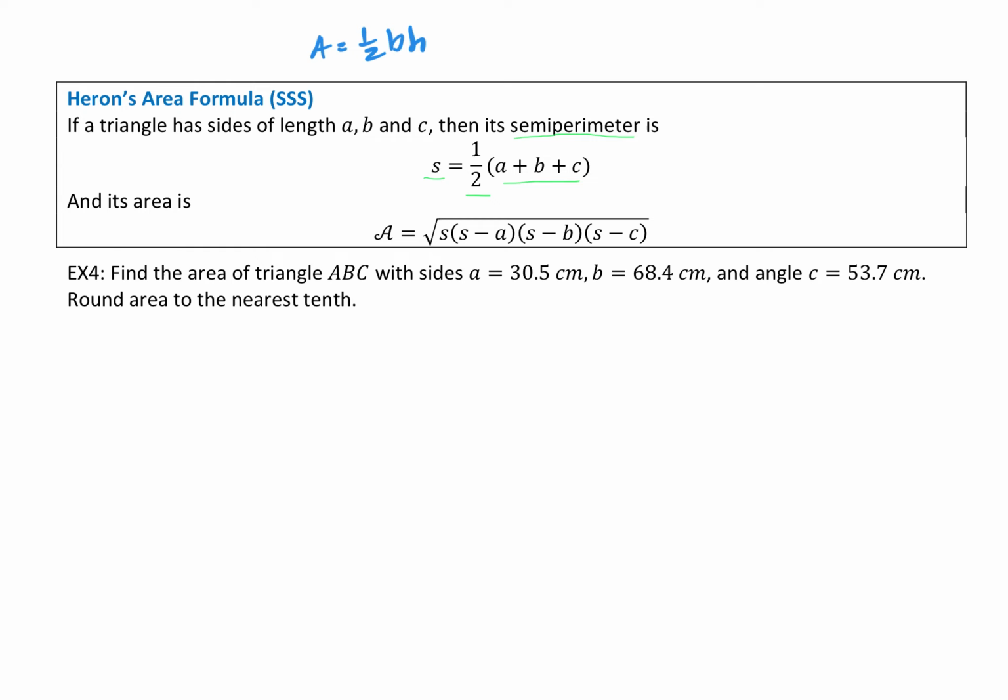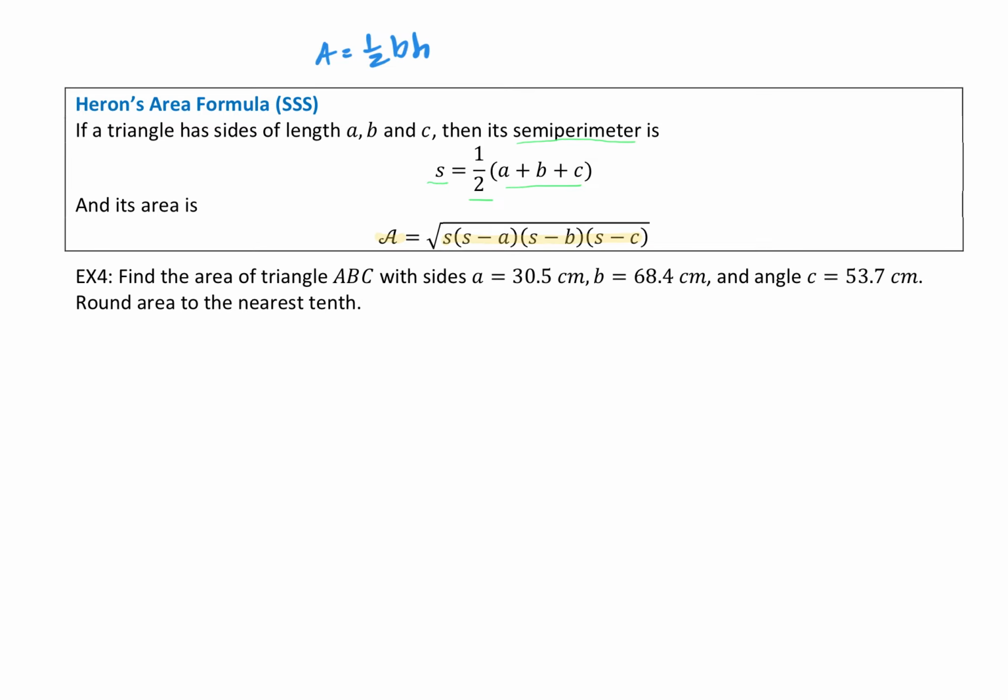This simply says to find the area, you're going to take the square root of the semi-perimeter, multiply it by the semi-perimeter minus one side, A, times semi-perimeter minus the other side, B, times semi-perimeter minus the third side, C. Now it seems a little complicated, but it's not.